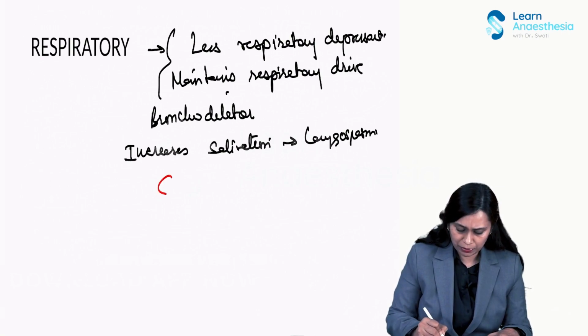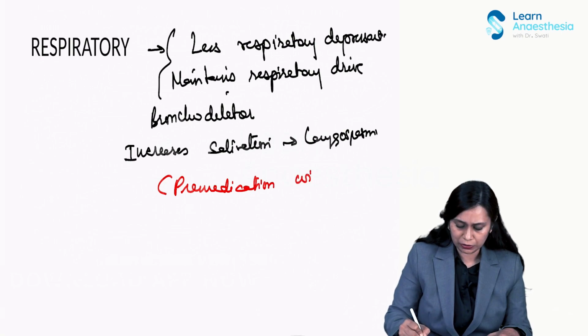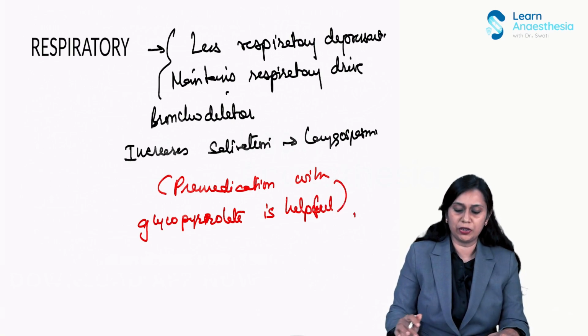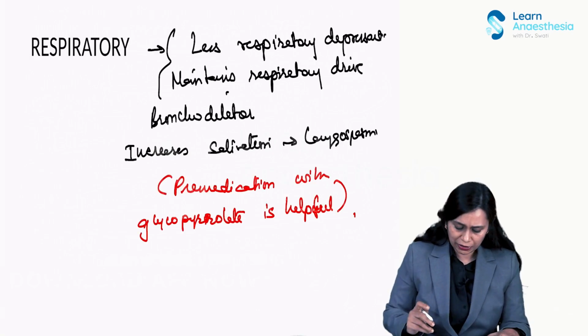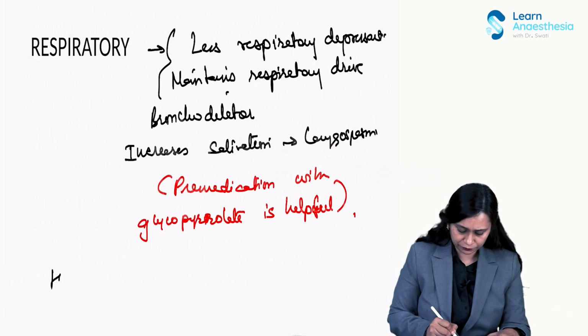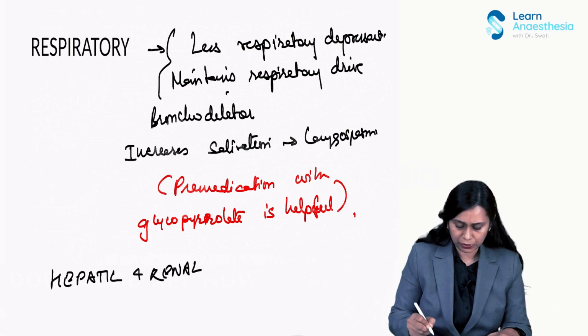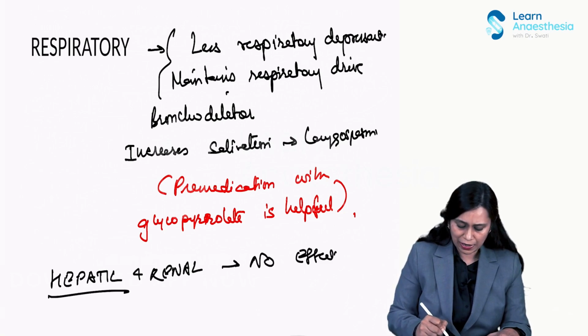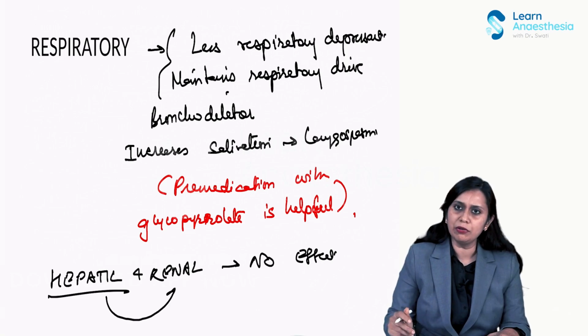Pre-medication with glycopyrrolate is helpful for respiratory effect, okay. Now, liver and kidney, no effect. Hepatic and renal, no untoward effect, only it is metabolized by liver and the metabolic byproduct is excreted through kidney, nothing else.